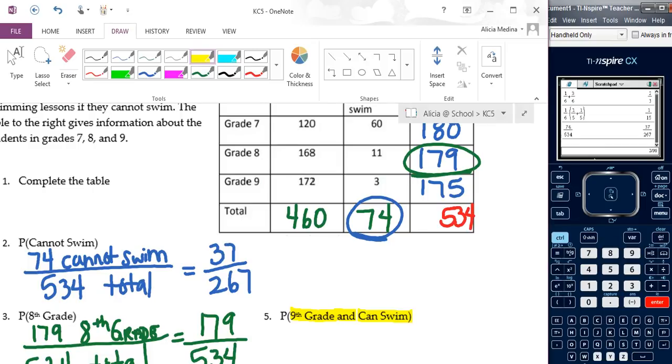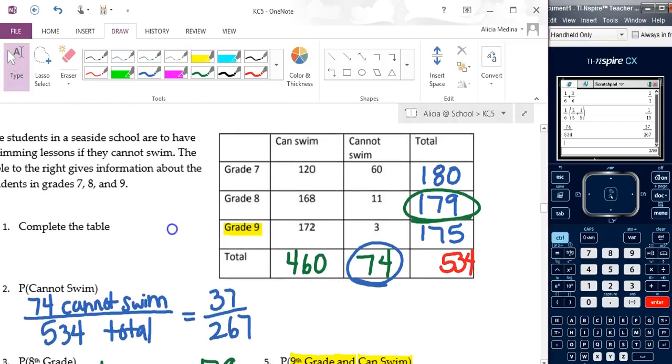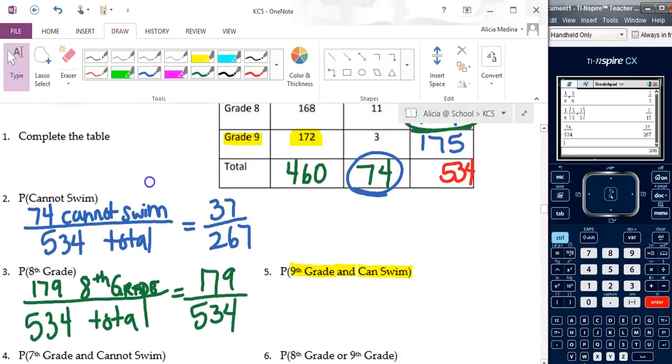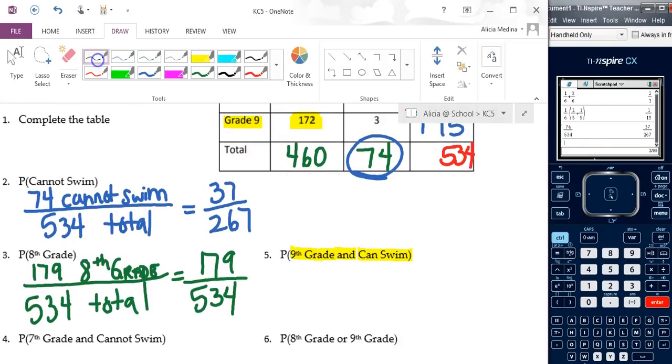Here's my 9th grade. I have to figure out where the column is of the people that can swim, because that's what I'm trying to find. And where do those two columns and rows meet? Right here at 172. So those are the people that are in 9th grade and can swim.